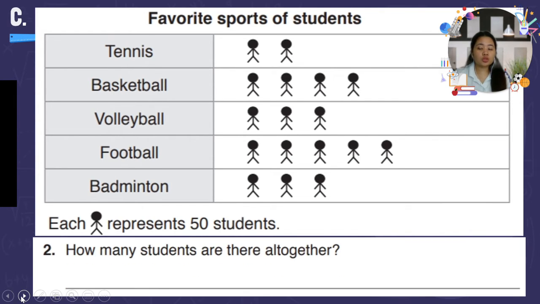Number 2, how many students are there all together? Since the question is all together, we have to count everything.